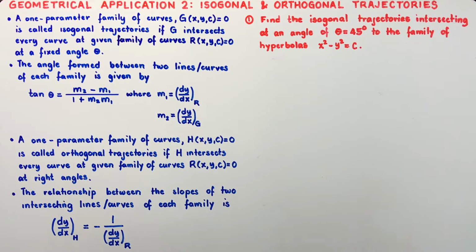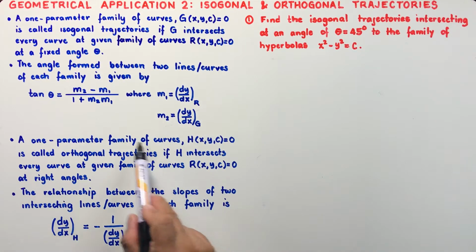And what are orthogonal trajectories? A one-parameter family of curves, say h(x, y, z) = 0, is called an orthogonal trajectory if this family of curves h intersects every curve of the given family of curves r(x, y, z) = 0 at right angles.